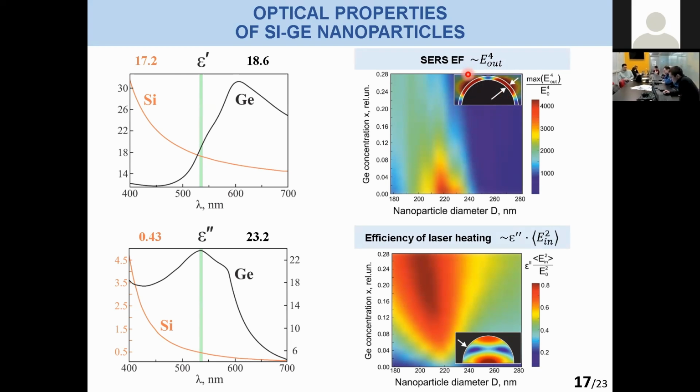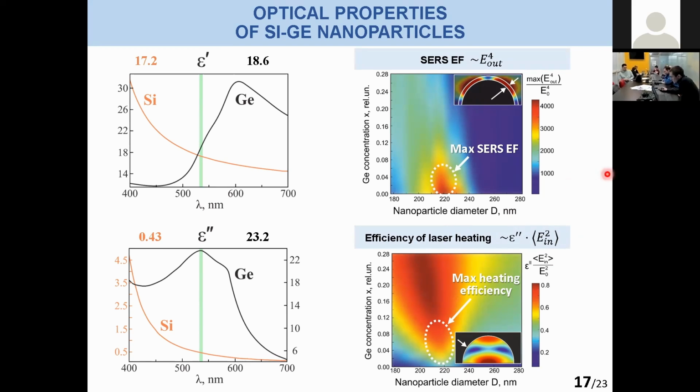So from these results, we can see that at low germanium concentrations, maximum heating efficiency and SERS enhancement factors are achieved at diameters of nanoparticles around 220 nanometers, where magnetic quadrupole resonance is excited.